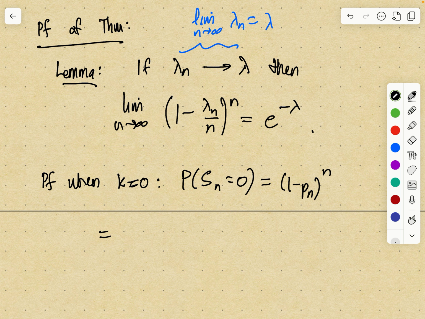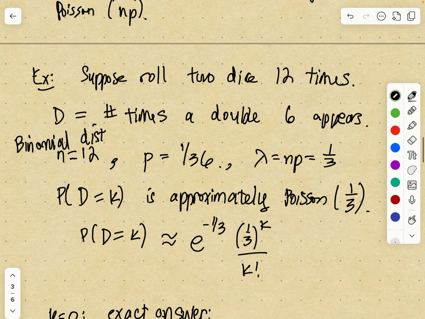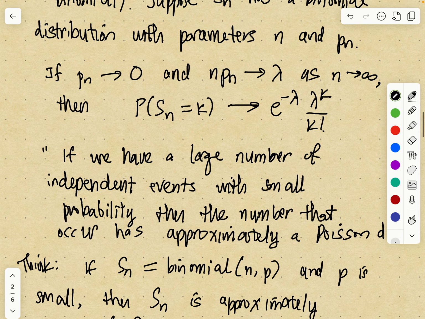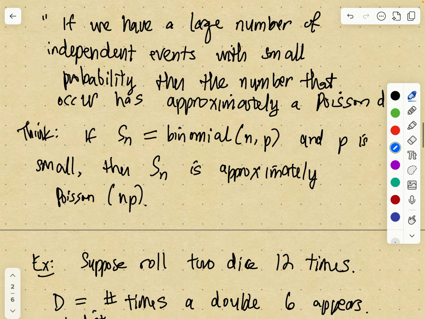And the way we defined, well, let's go back up here. Let's define lambda sub n to be n times p sub n. So then your lambda sub n's are approaching lambda.